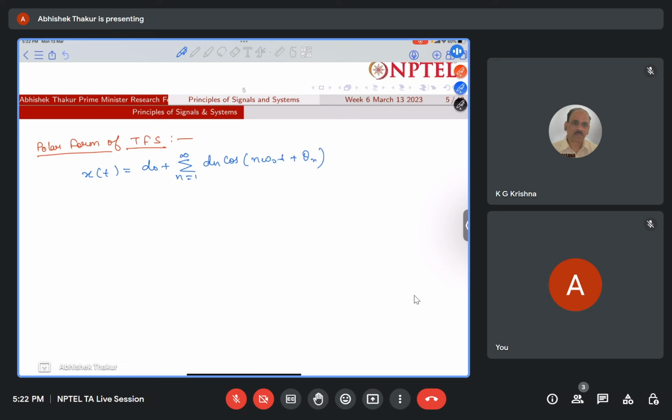This constant D naught is given as A naught, and Dn is equal to under root of An square plus Bn square, and theta n is equal to tan inverse of minus Bn by An. So these things are important. Now we'll solve some questions.